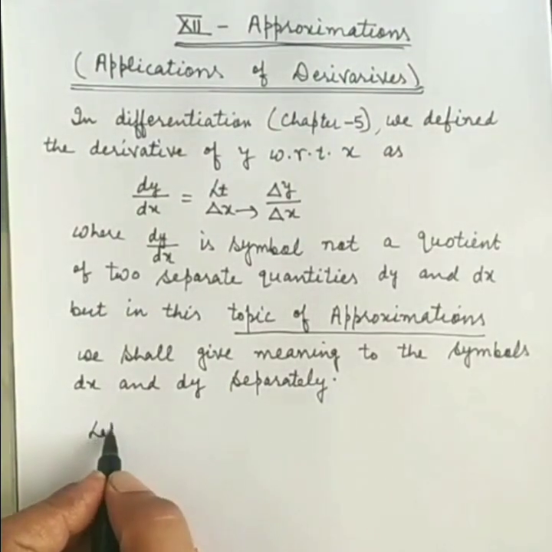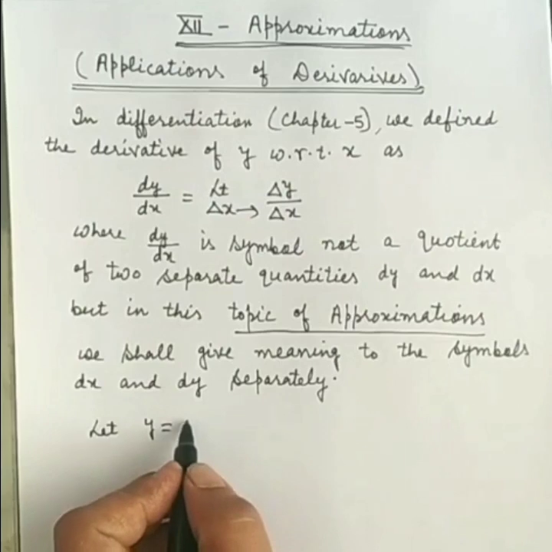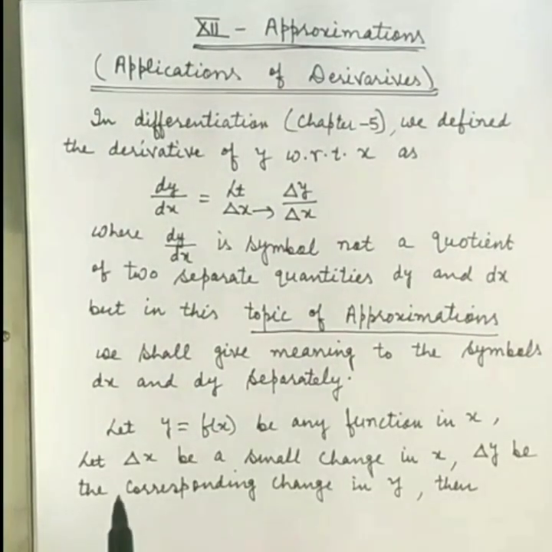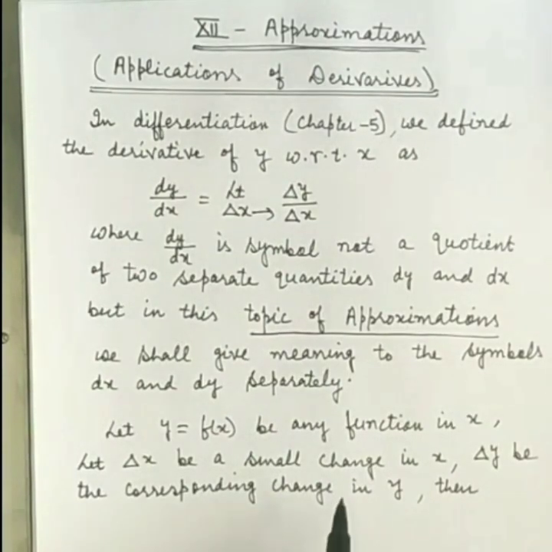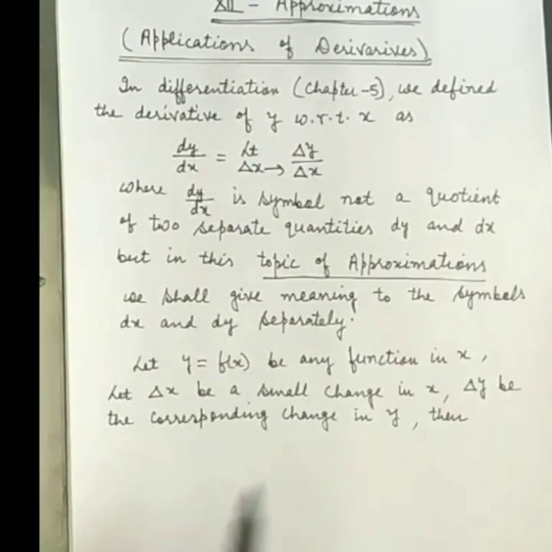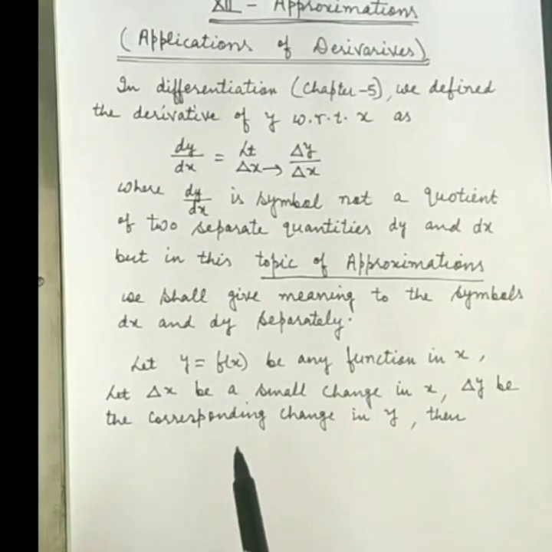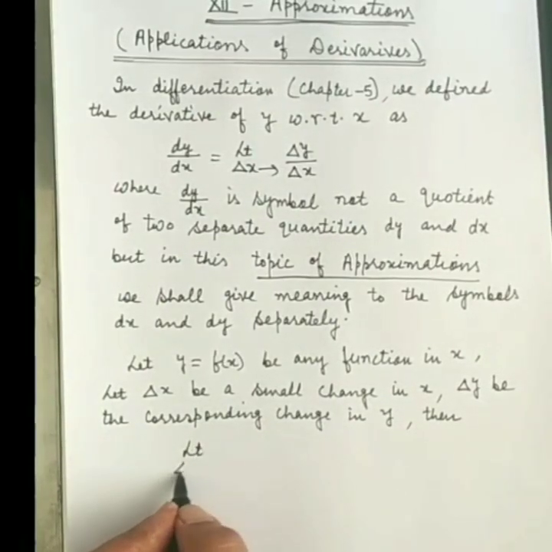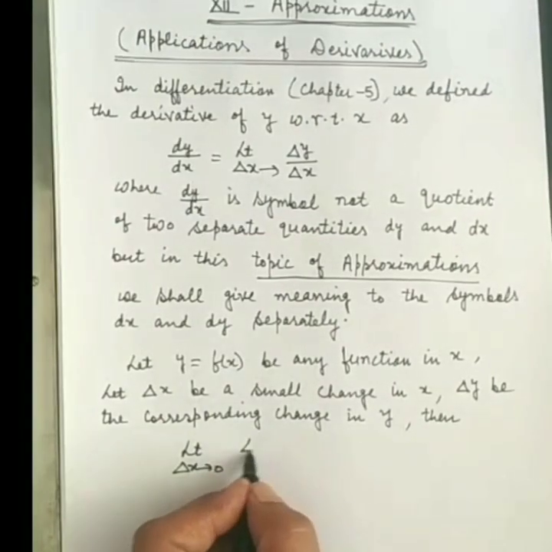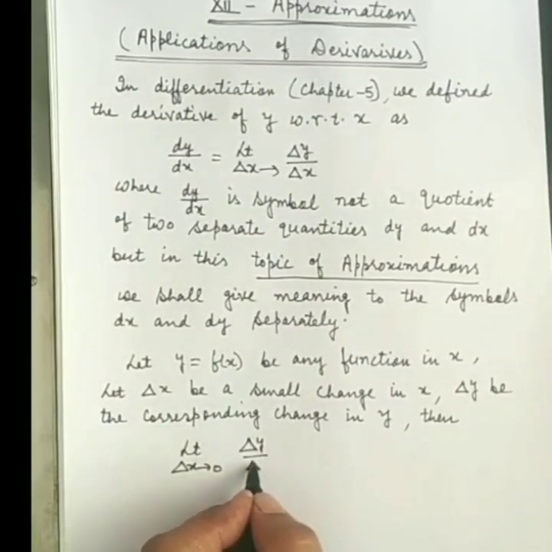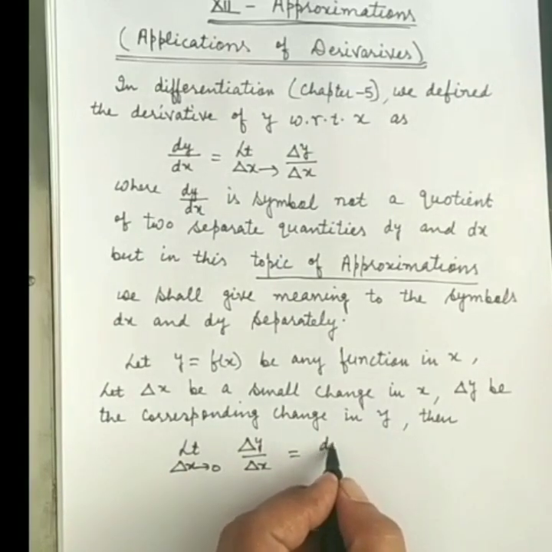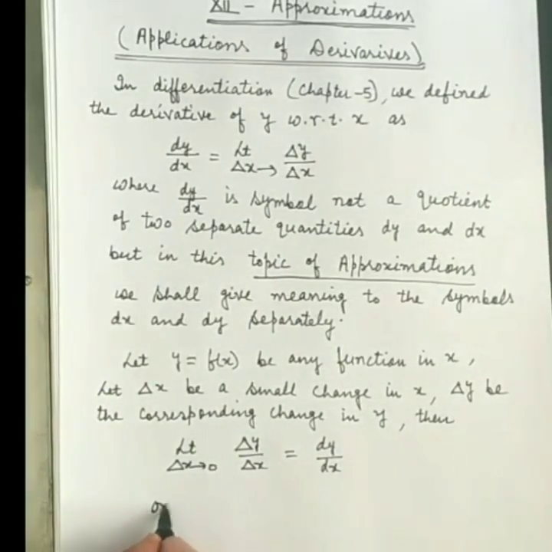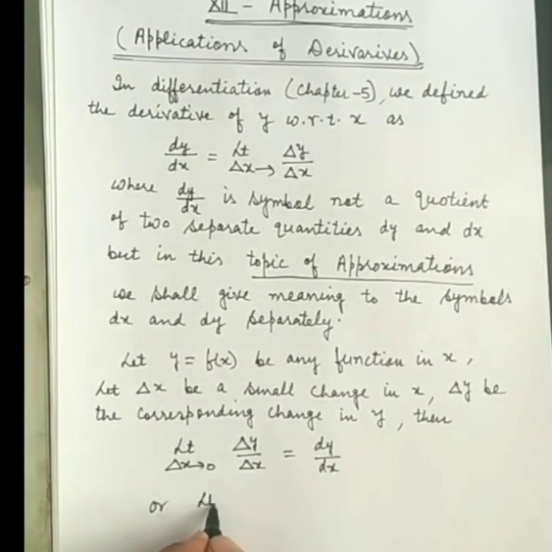So let y is equal to f(x) be any function. Let delta x be a small change in x and delta y be the corresponding change in y. Then limit delta x tends to 0, delta y upon delta x, is equal to dy by dx, which is f dash x.